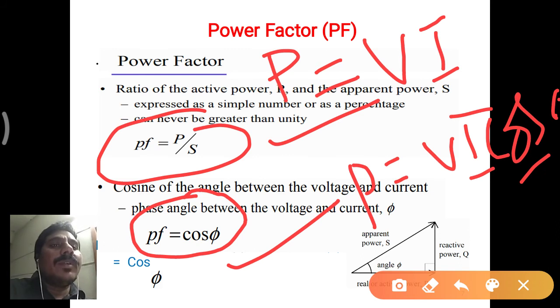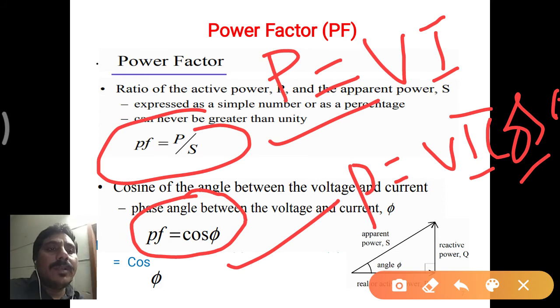So power factor is a very important one. The definition is the ratio between real power and apparent power. The other definition is that power factor is the cosine of the angle between voltage and current.